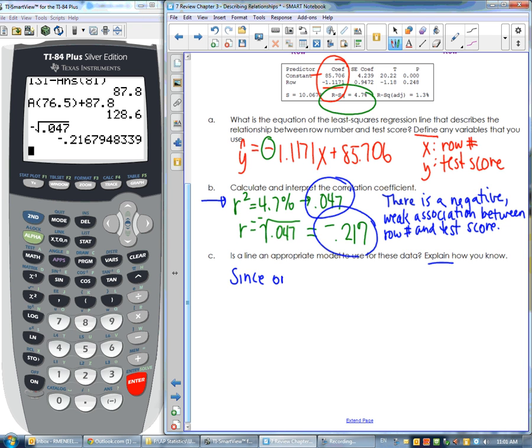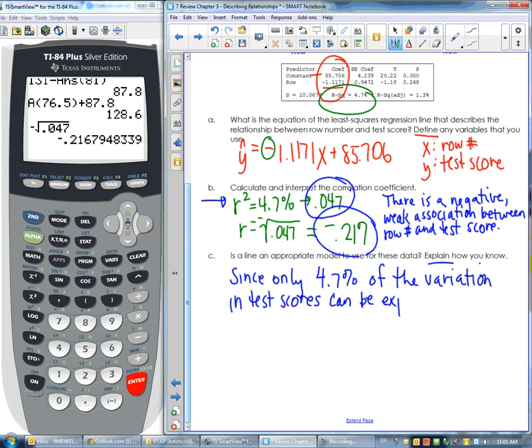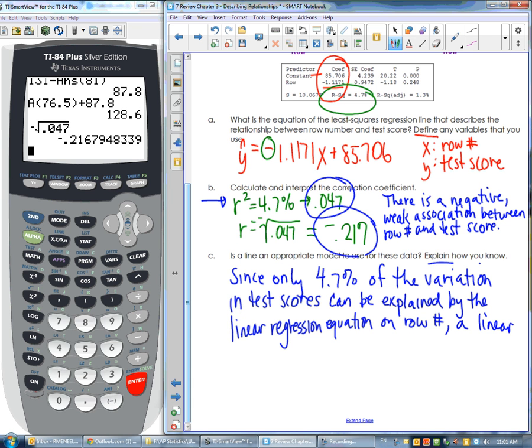So I would say, since only 4.7% of the variation in Y, which in this case is the test score, so since only 4.7% of the variation in test scores can be explained by the linear regression equation on row number, a linear model would not be appropriate to model this data.